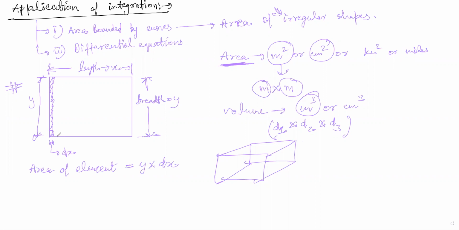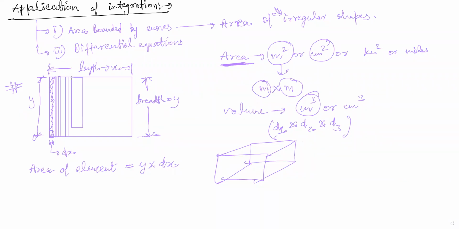Now you are taking this dx, and right now the value of dx is near about 0. This is a very small strip. But if you take multiple strips, in fact almost infinite strips, to cover the whole area, you repeat these strips multiple times to cover the whole rectangle.